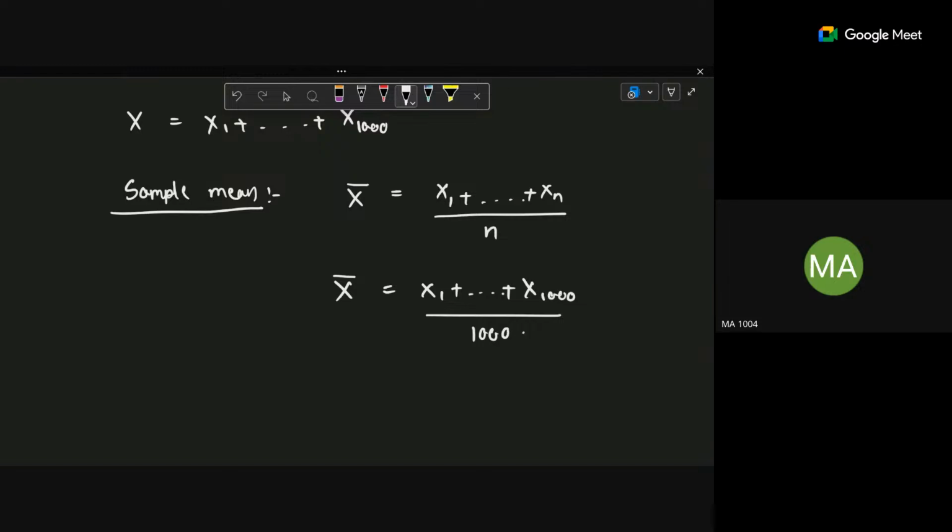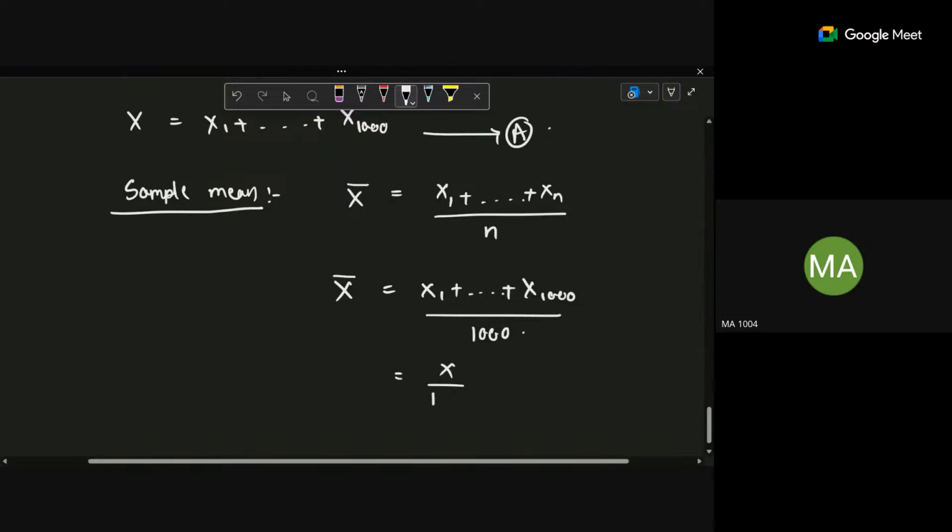But from this equation, let's say A, can I say this is nothing but x by 1000?